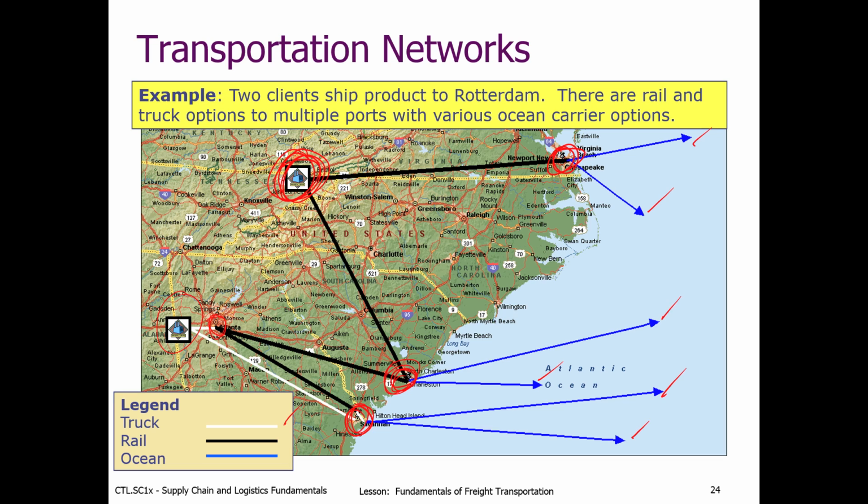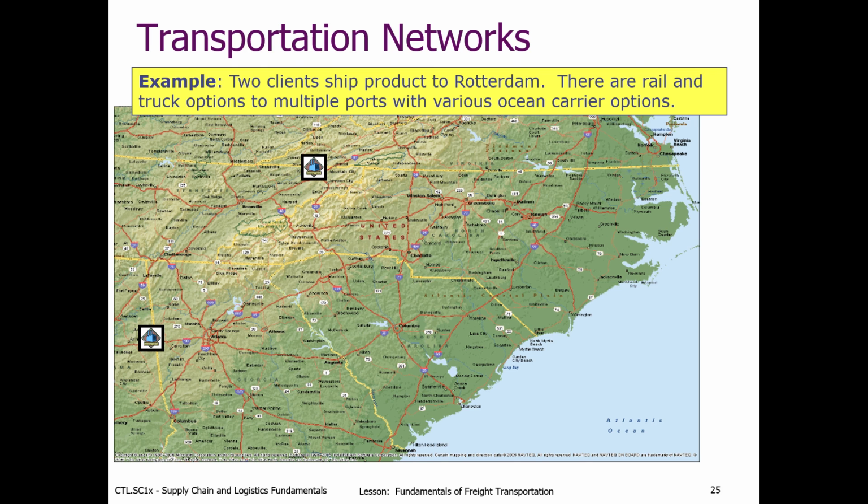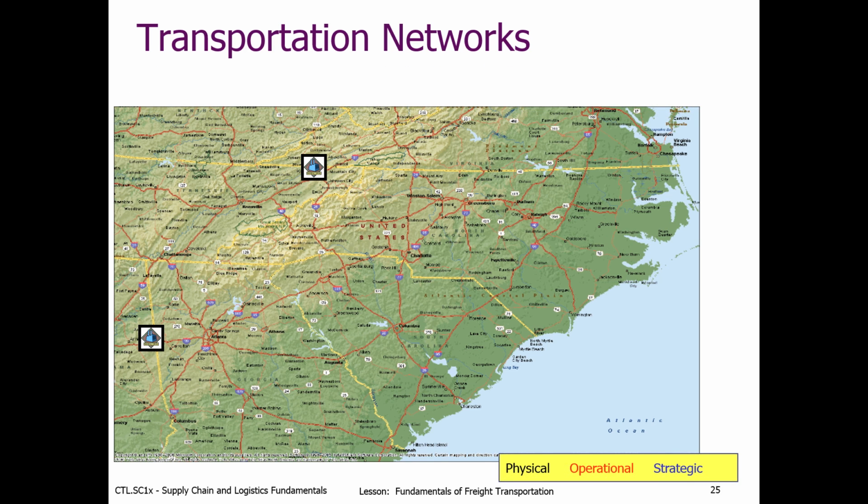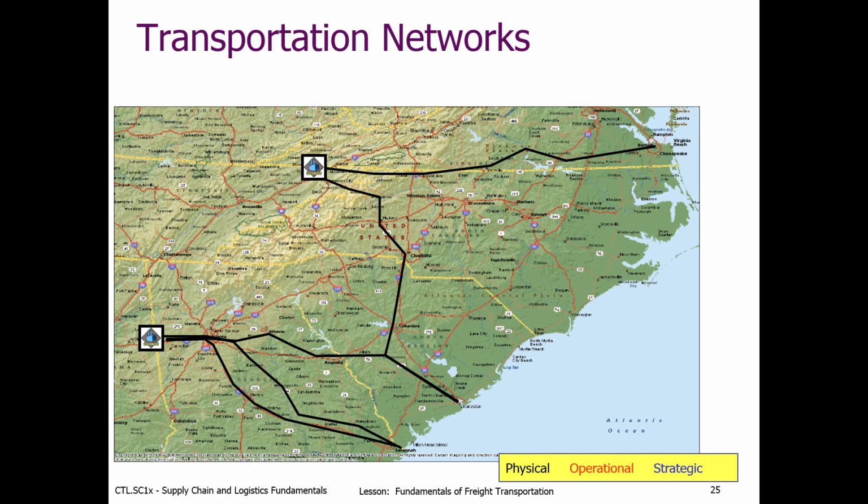So this is what it looks like in the physical sense, and when I make decisions between a truck, a carrier, a rail, or ocean. But let's look at it in slightly different terms, and that's in terms of the networks. The lowest level of network is what's known as the physical network, and this is how the product physically moves.